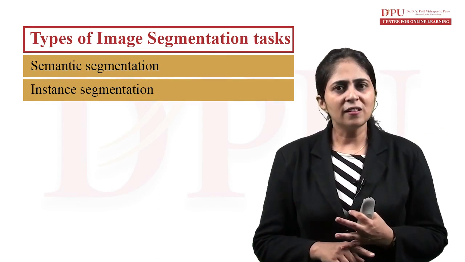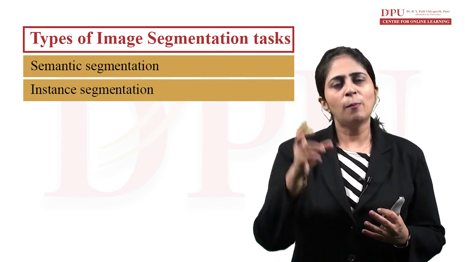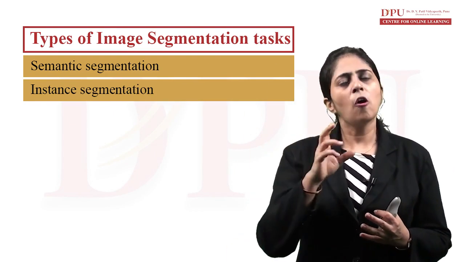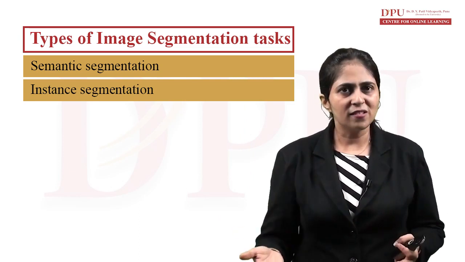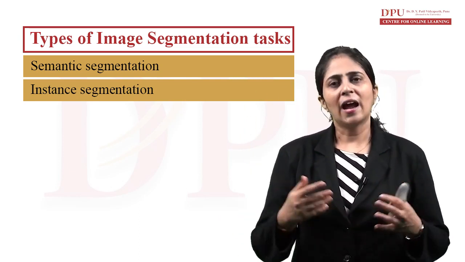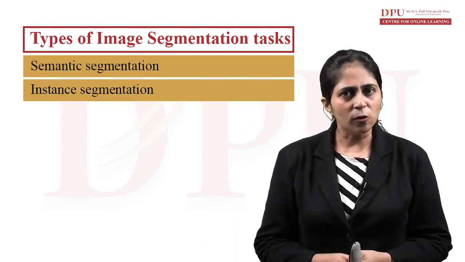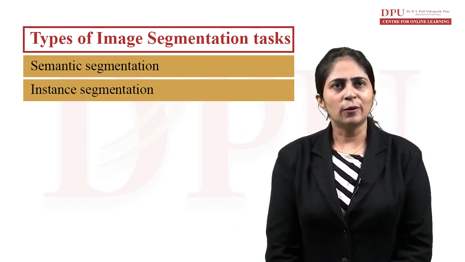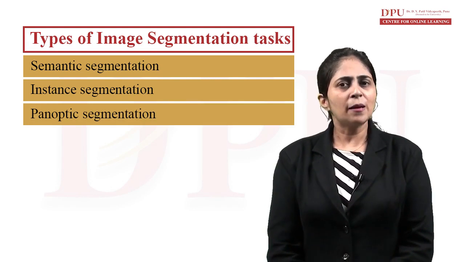But instance segmentation will mark all the people and all the objects, or we can call them instances, in that particular image and the surrounding objects also.